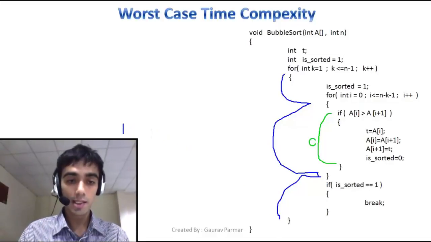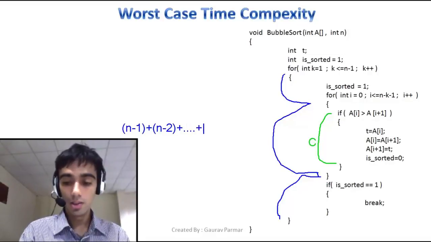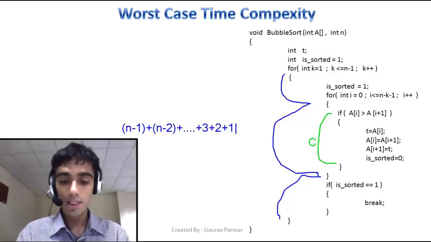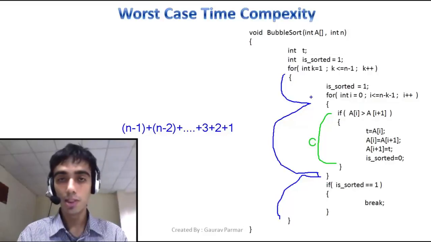say n minus 1 plus n minus 2 and so on till 3, 2 and 1, because at the very first time, the loop will be running for n minus 1 times, the second time it will be running for n minus 2 times, and so on, and at last it will be running for 1 time.